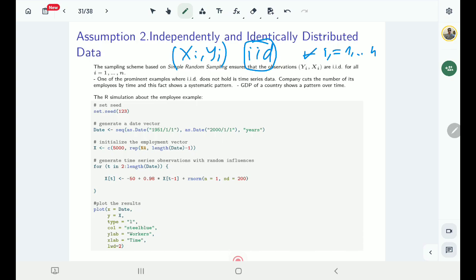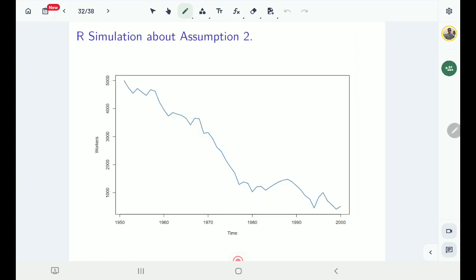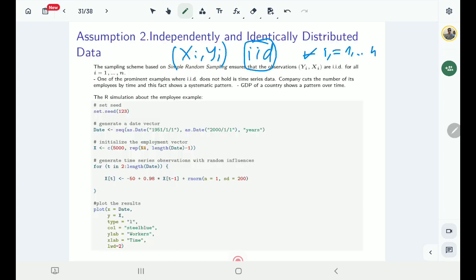Here we have some R simulation where this assumption is violated. What you see here is time series data. For example, suppose you think of the GDP of countries. Obviously, if the country is not doing well this year, most probably it will not do well in the next year.